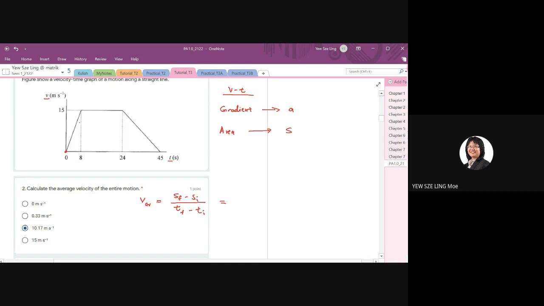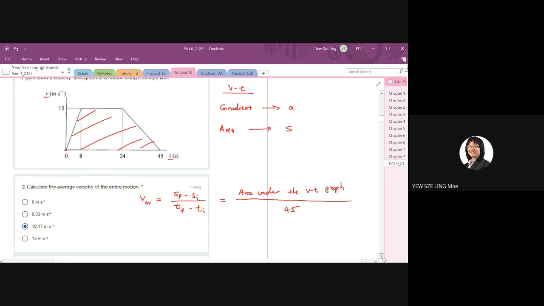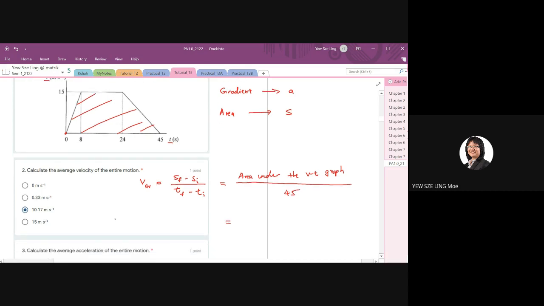Well, final S is the S for the whole journey, so basically you calculate the area under the VT graph, divided by the total time taken, which is 45 seconds. Then you will obtain the answer 10.17 meters per second.